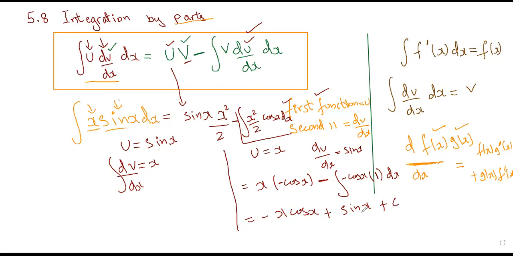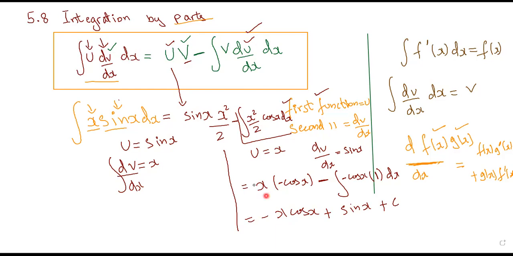So you need to understand this thing, that if we had chosen u equals sin x, we wouldn't have been able to simplify it. Since we chose u equals x in our second attempt, we were able to simplify it. So the choice of first function is important because of this reason.